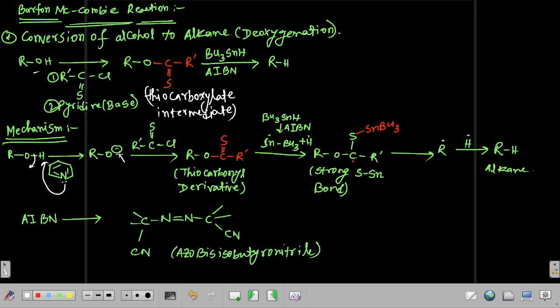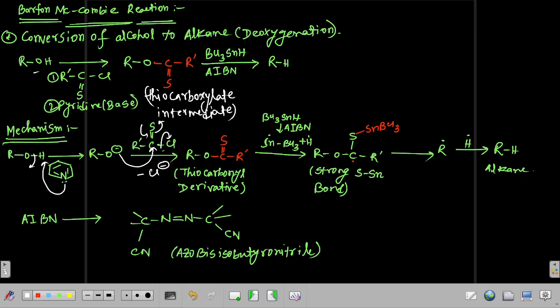This alkoxide ion will react with, like, thionyl chloride. This is a thionyl chloride. So it leads to the removal of this chloride ion. So it will form this thiocarbonyl derivative or thiocarboxylate derivative.